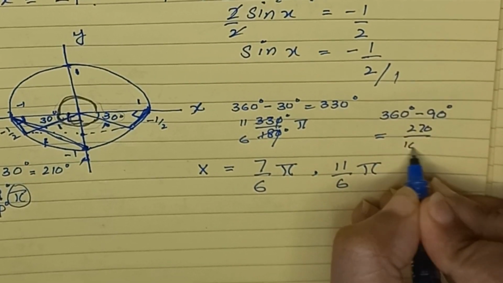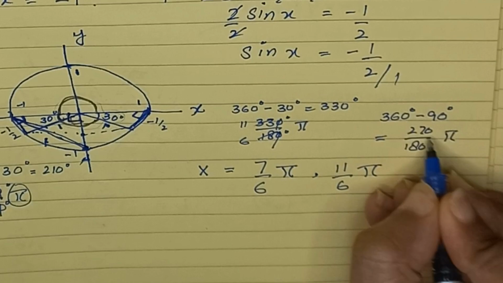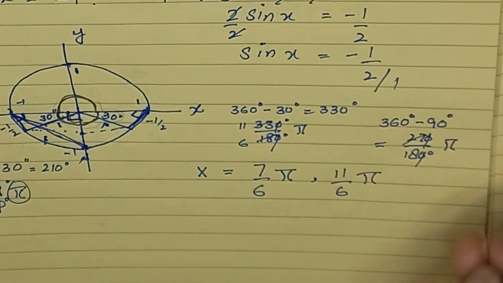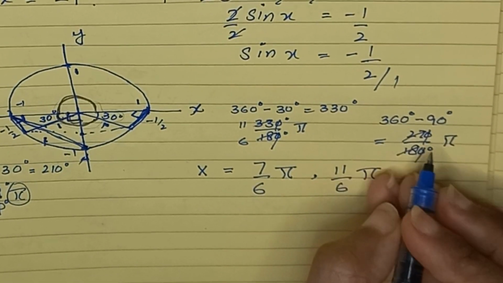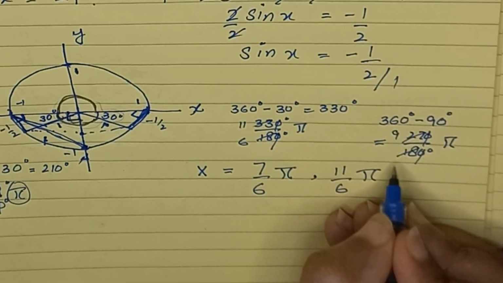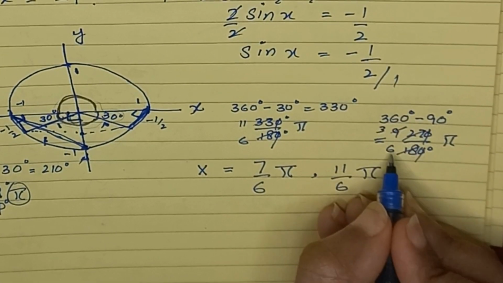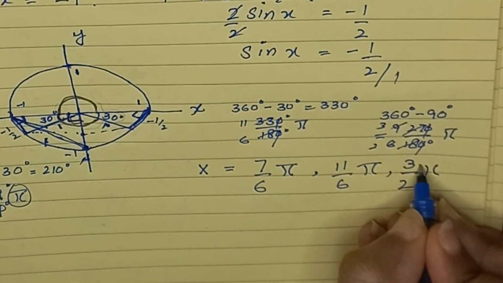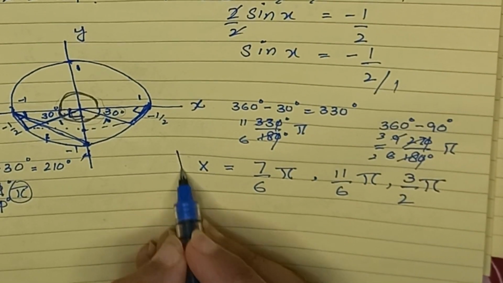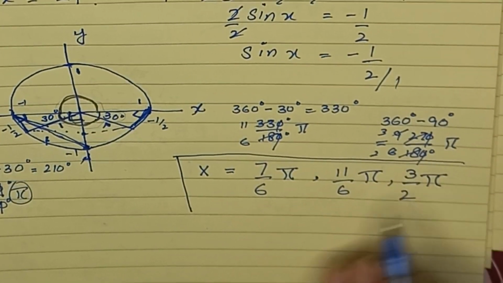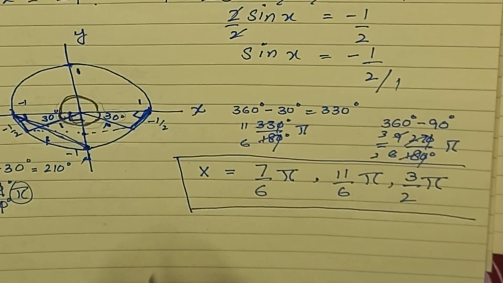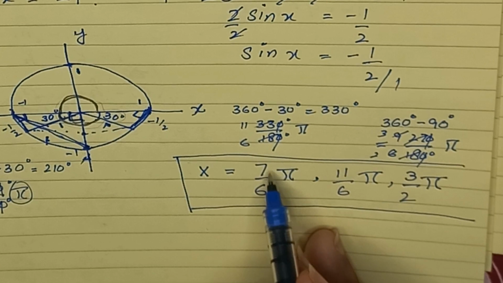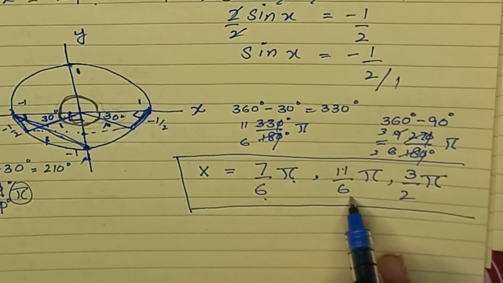Now divide it by 180 degrees times pi, and 0 and 0 cancel. 3 9s are 27, 3 6s are 18, 3 3s are 9, 3 2s are 6, so it will become 3 divided by 2 pi. So from this quadratic equation we get our values of x in radian, which are 7 divided by 6 pi, 11 divided by 6 pi, and 3 divided by 2 pi.